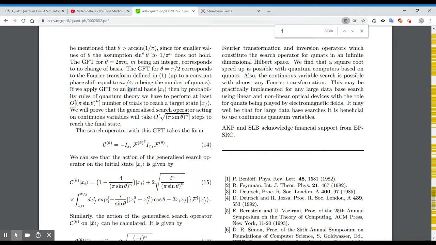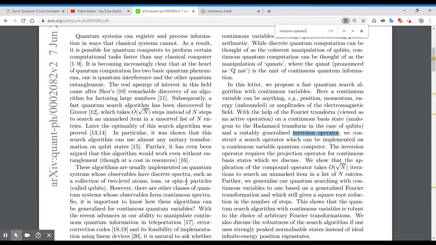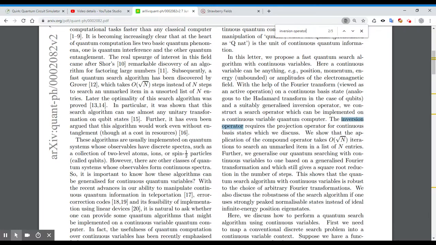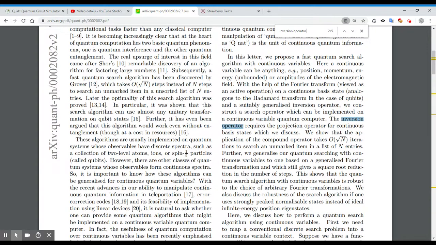So the inversion operator: the Hadamard transform in the discrete case, and a suitably generalized inversion operator we construct. The inversion operator requires the projection operator for continuous basis states, which we discuss.